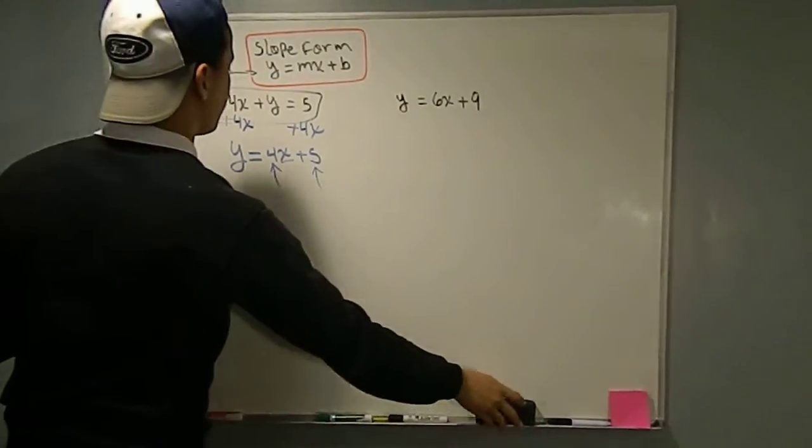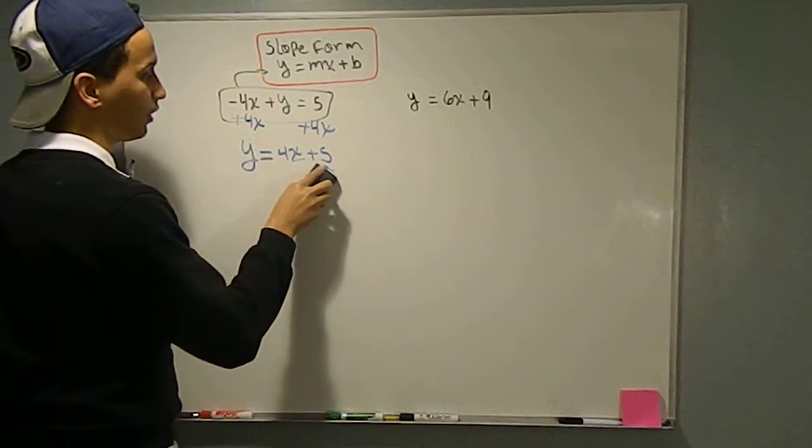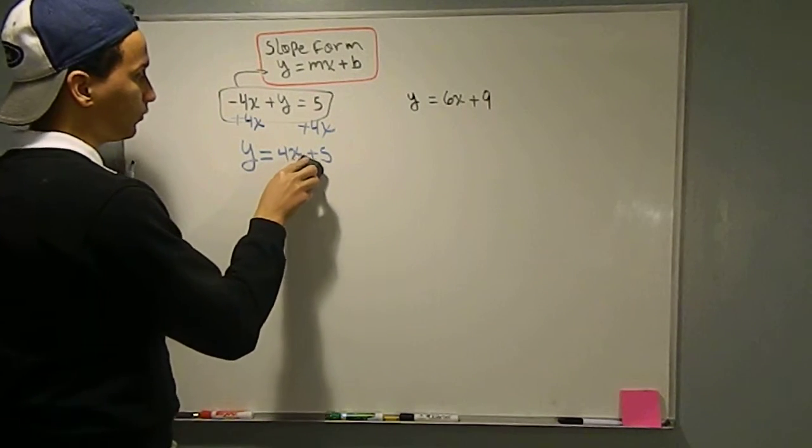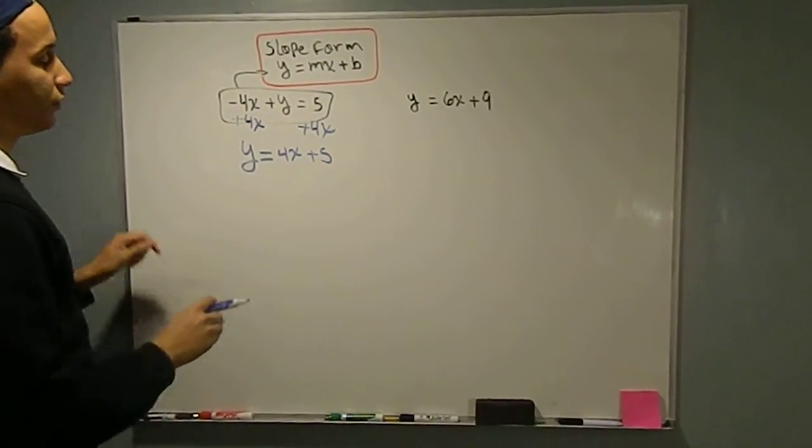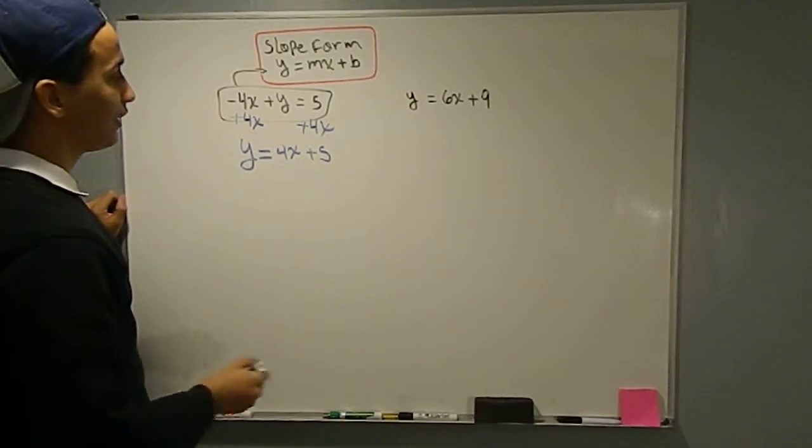So now, how do we actually graph this? Well, we need to know what the points for x are on the graph.